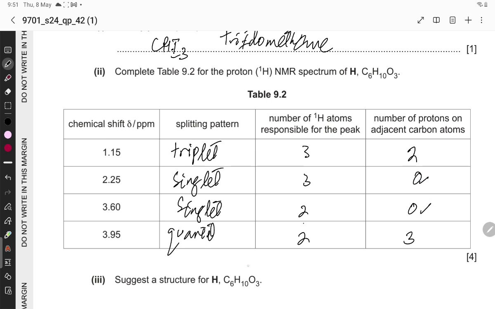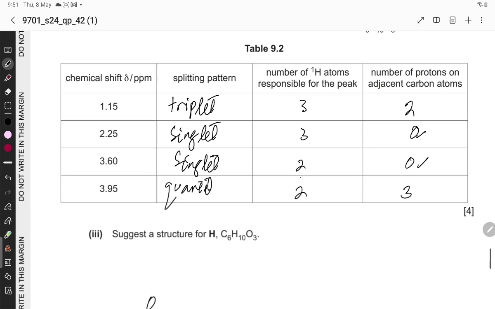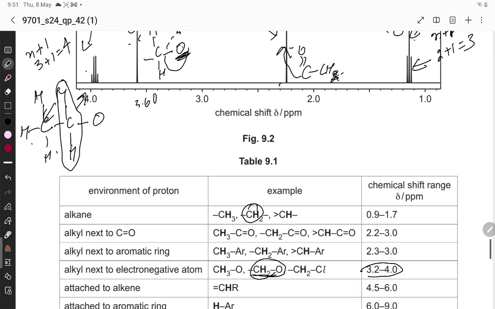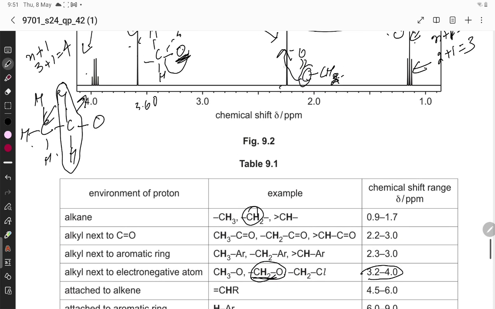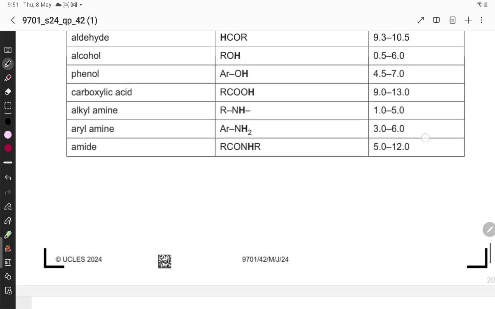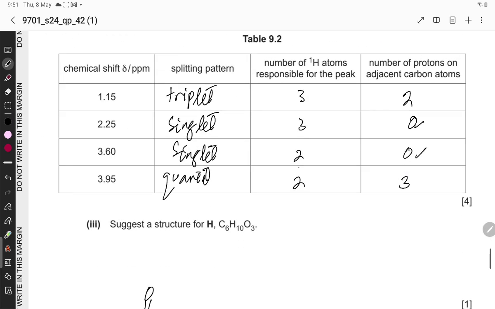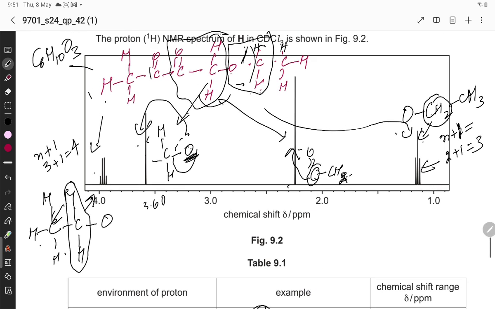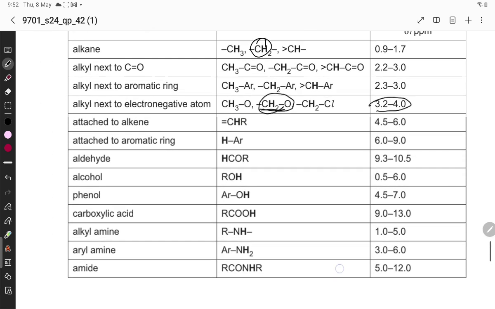So the CH2 is responsible for the quartet, and this carbon has no hydrogen atom, responsible for the singlet peak, and this oxygen atom is responsible for the singlet peak at 3.60. So this carbon atom has no hydrogen atom.